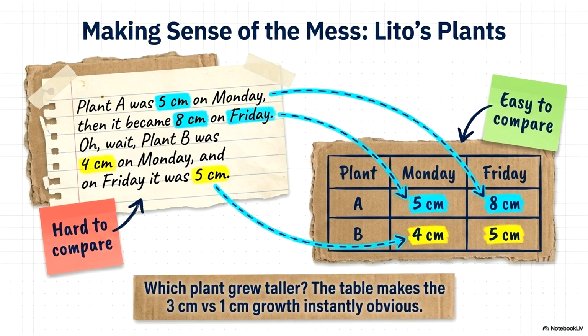Instead, Lito places the information into a table. Now we can quickly see that plant A grew from 5 centimeters to 8 centimeters. Plant B grew from 4 centimeters to 5 centimeters. The table shows that plant A grew more than plant B.